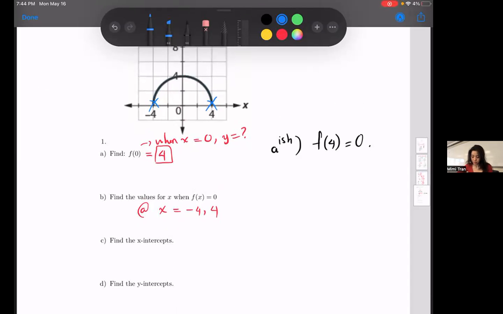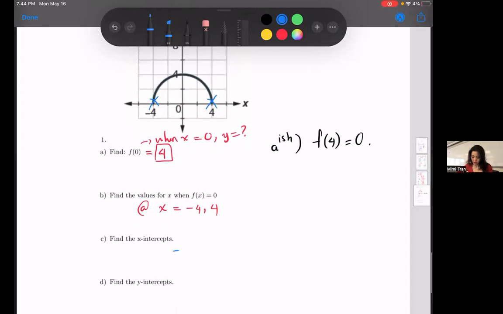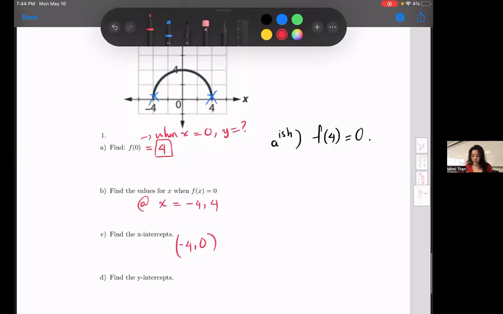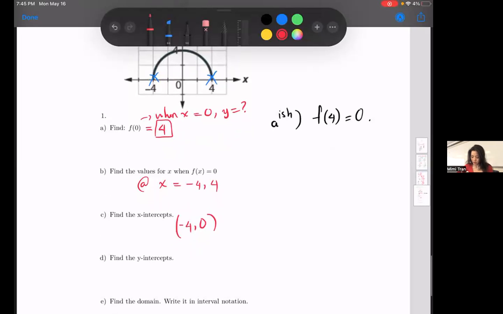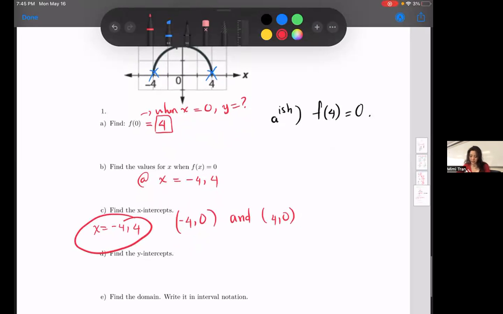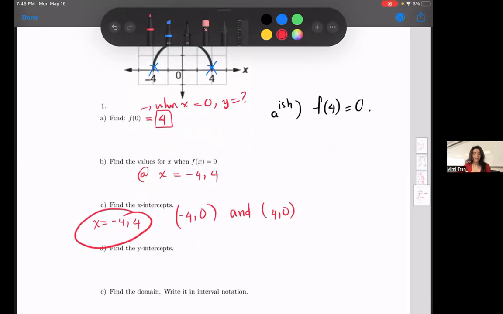So -4, 0, because when x equals -4, y equals 0, and then 4, 0. If you just write x equal -4, x equal 4, I'm not satisfied because I want points, not just coordinates. So at x equal -4, y is 0. At x equal 4, y is also 0.